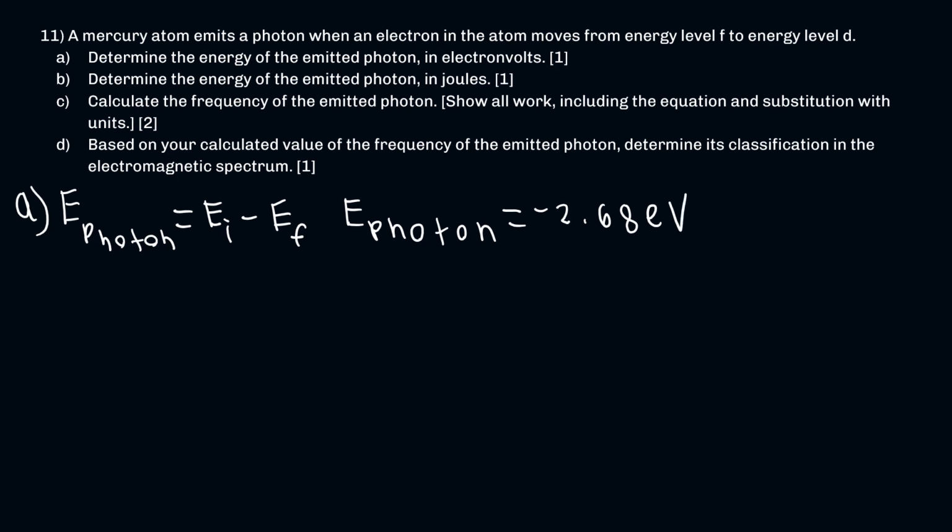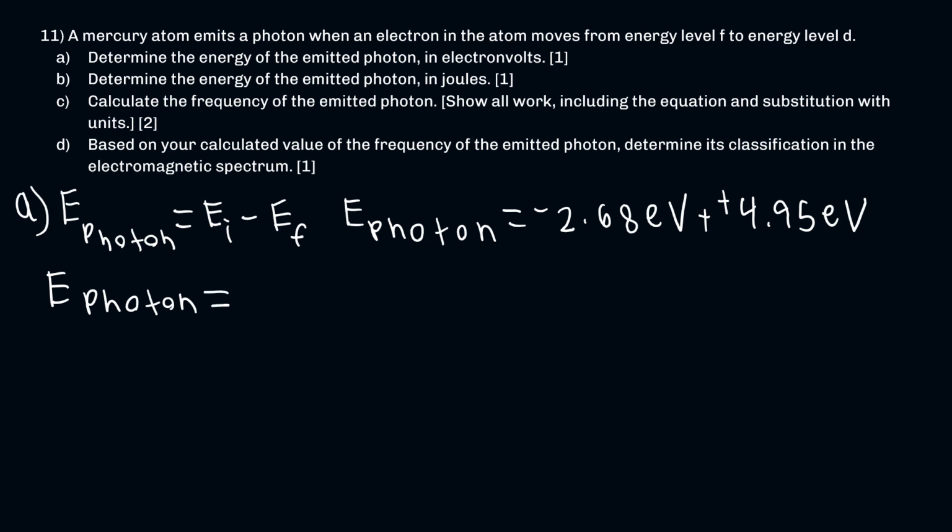And then the energy that is going to go with energy level D, if I look on the reference table again, I look for D, I go straight across, and I have there negative 4.95, so minus negative 4.95 electron volts. So all I'm going to do is plug this into my calculator, keep change, and get my answer here for part A, the energy of the photon.